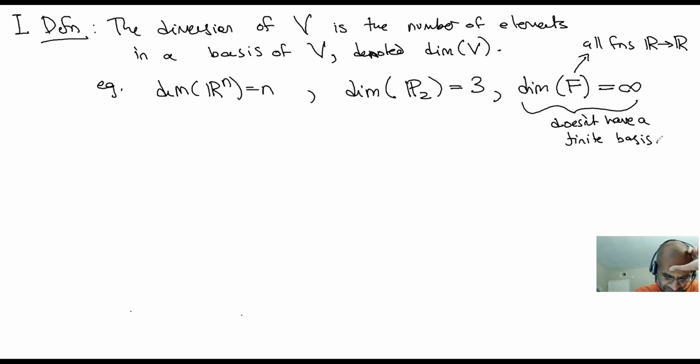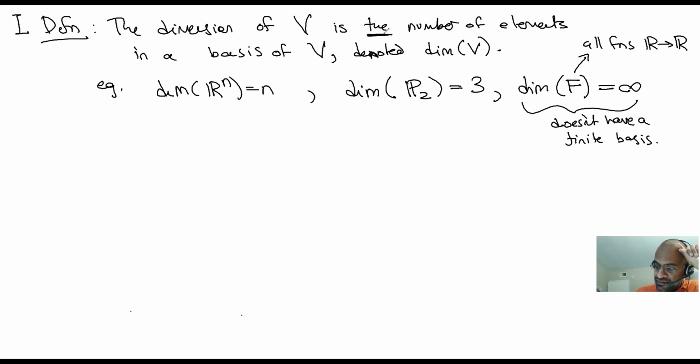Okay, so when you see this definition, you should be a little bit suspicious because it says the number of elements in a basis, right? And right now it could be that you have 2 different bases with different numbers of elements. So this doesn't seem to be well defined a priori.